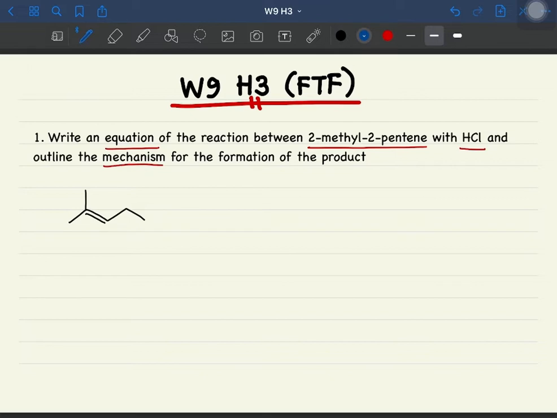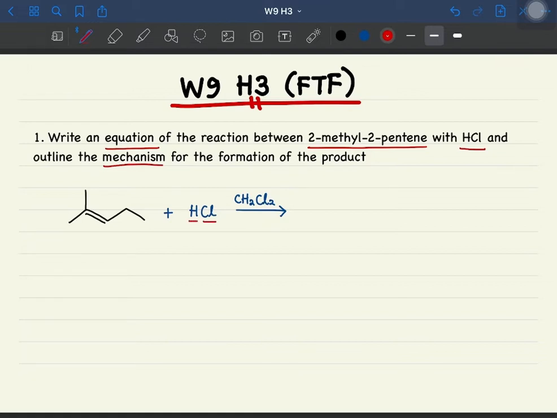And then we're going to react this alkene with HCl. So hydrohalogenation, since we got no other solvent given in here, means we are going to dissolve them in inert solvent. And lastly, you will get the product of H and Cl added to this alkene.